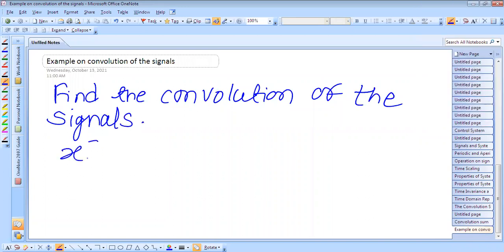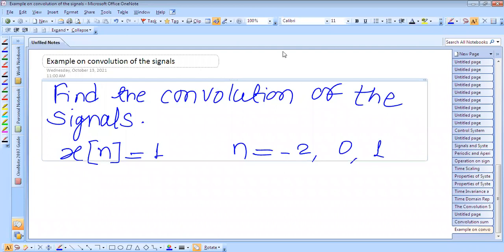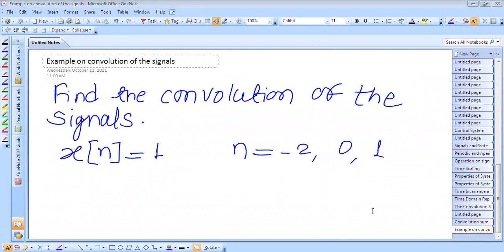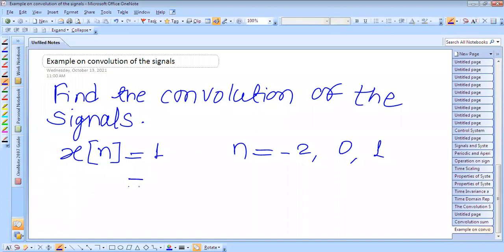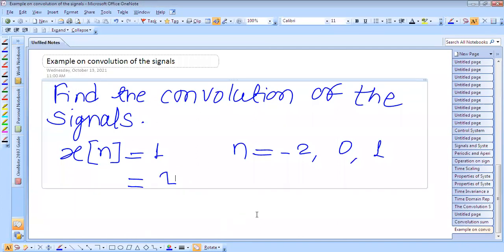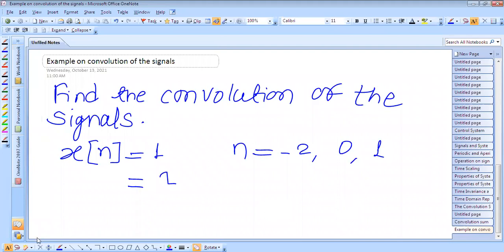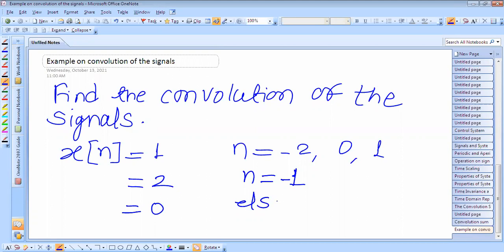Okay. The input is given: x of n is equal to 1 for n equal to -2, 0 and 1, and this value is equal to 2 for n is equal to -1, and this is equal to 0 elsewhere.